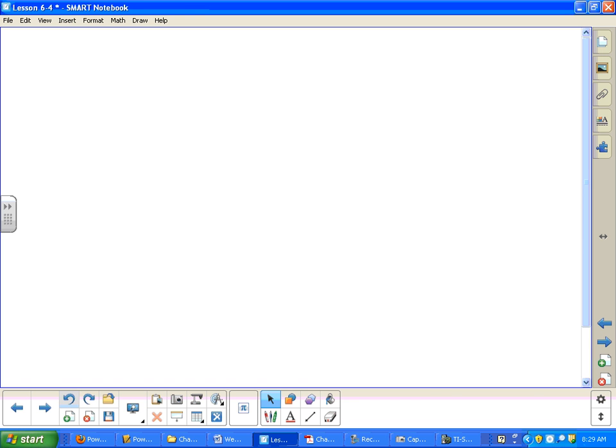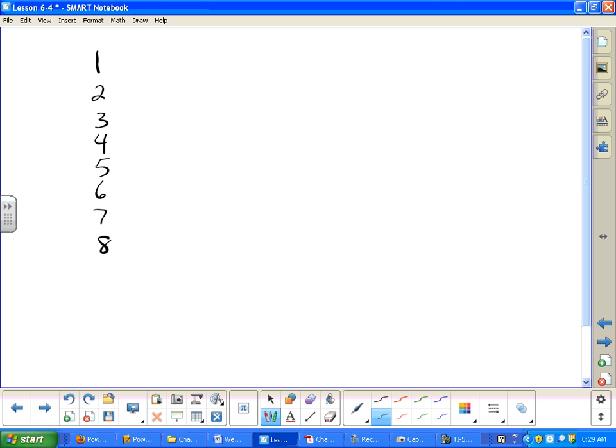So we're going to take the numbers 1, 2, 3, 4, 5, 6, 7, 8, 9, 10, 11, and 12. And we're going to write down the squares and the cubes. We won't go all the way to 12 of the cubes.